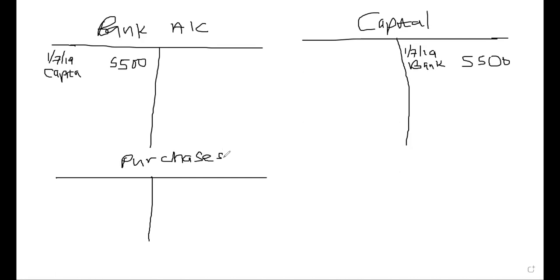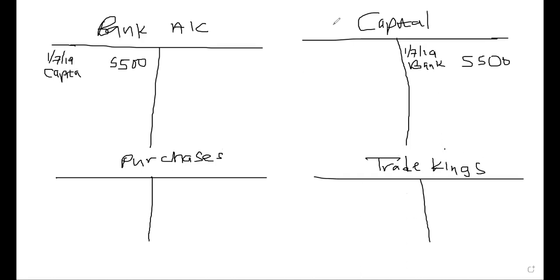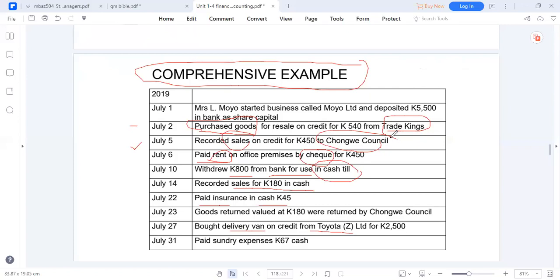And the Trade Kings. So of course you have the debit, credit, debit. So here the purchase, we are simply saying purchase of 540 from Trade Kings on second.